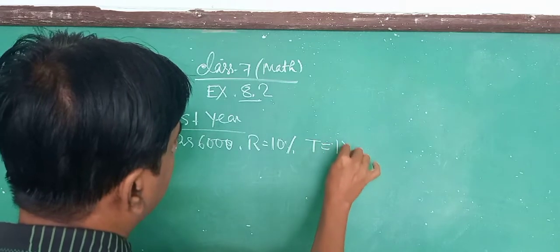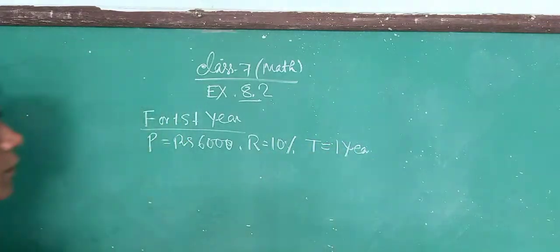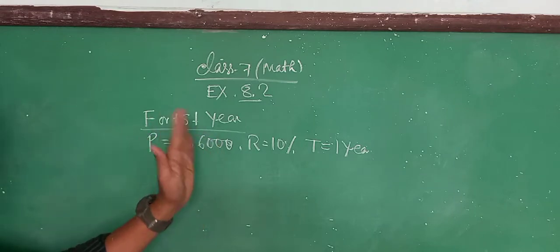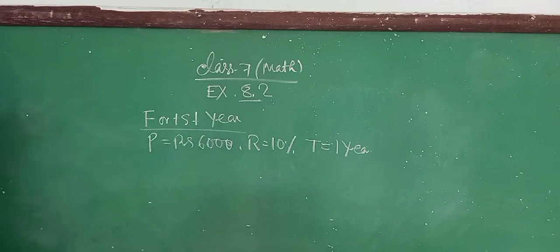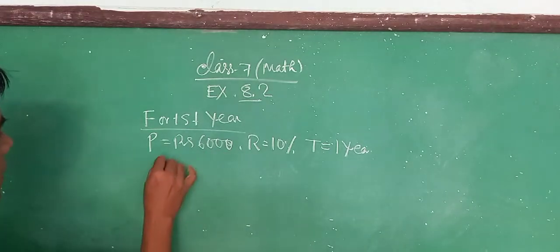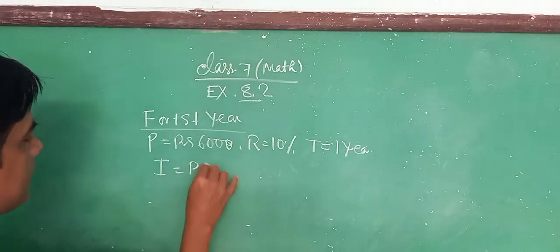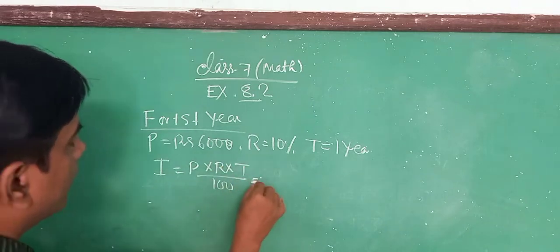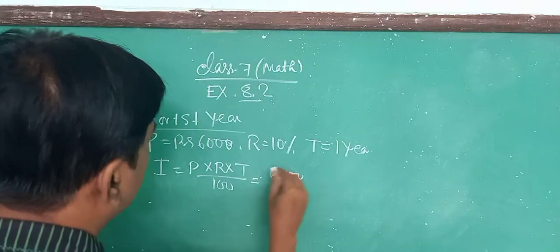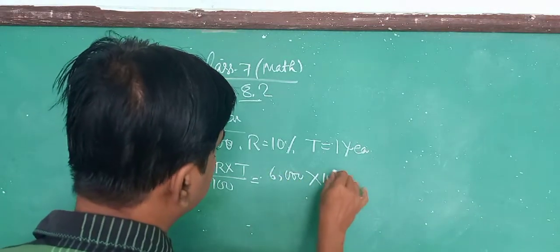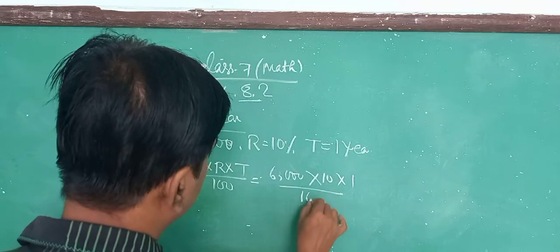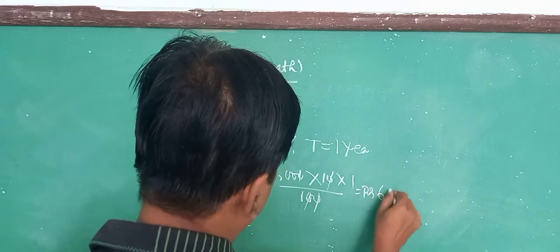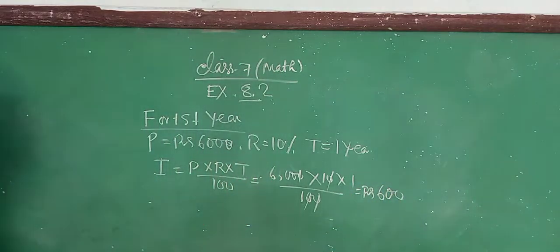Time is 1 year. Time you always take as 1 year; the number of terms will increase, but there is nothing else. Now how can I get the interest? The interest is equal to principal into rate of interest into time by 100. Principal 6,000, rate 10, that is rupees 600.